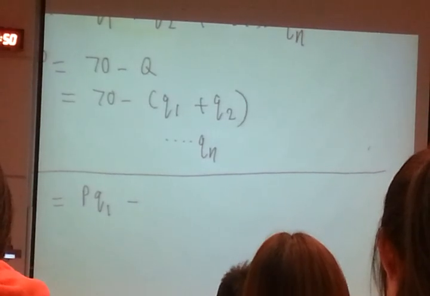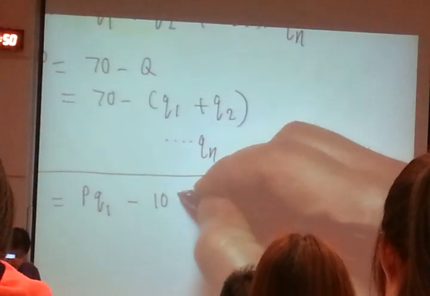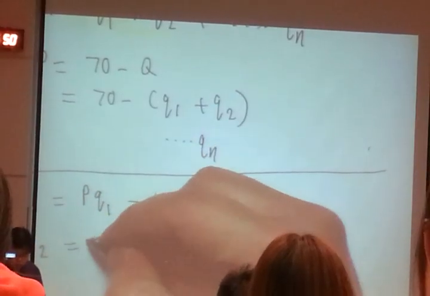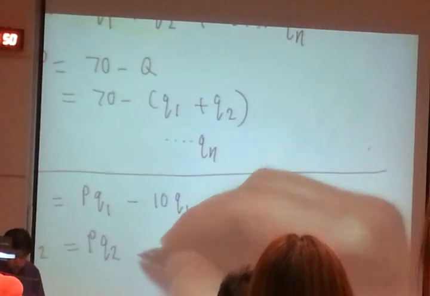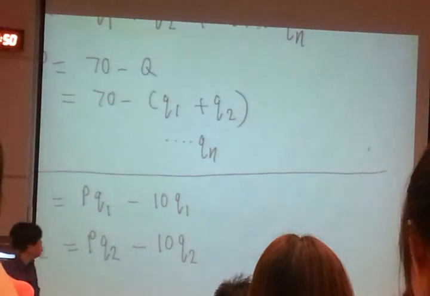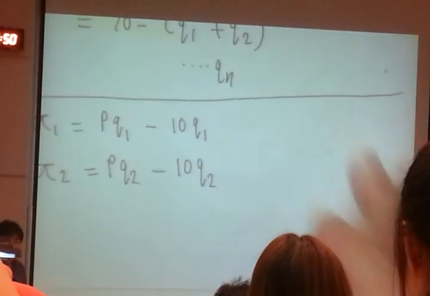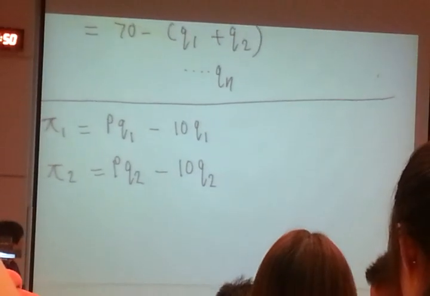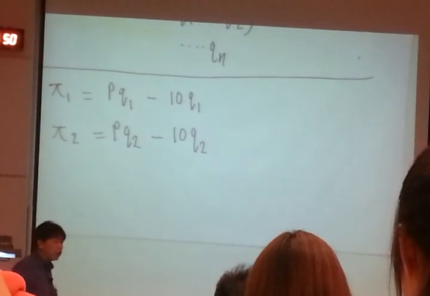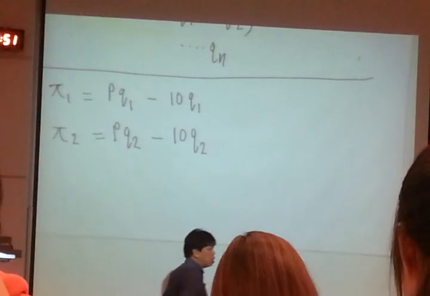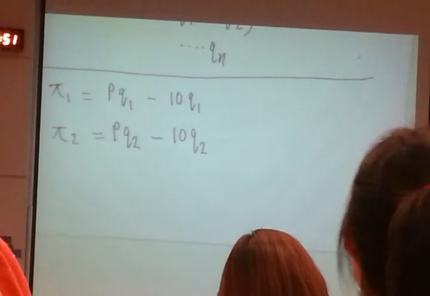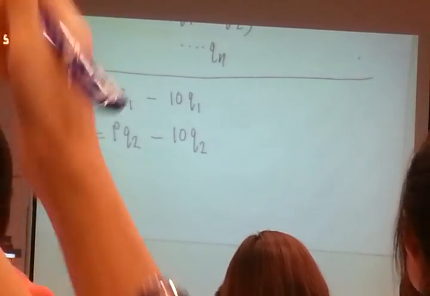Okay, so the average cost is this. For firm 2, the average cost is this. So these two curves, their profit functions, are they the same? Are they different? So are they identical? That's right.